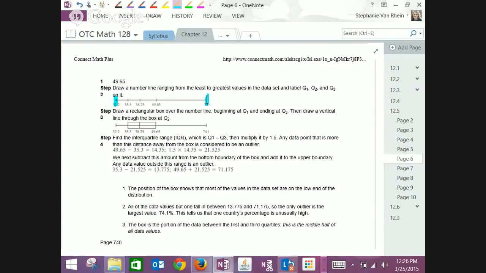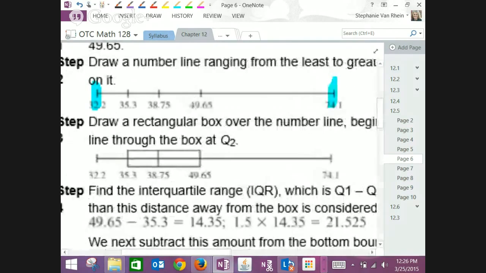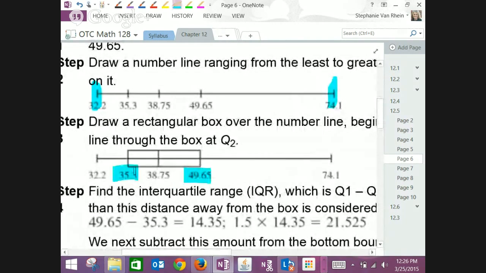You take that difference, multiply it by 1.5, and any data point outside that distance away from the box, so above Q3 plus this, or below Q1 minus this, is going to be an outlier.